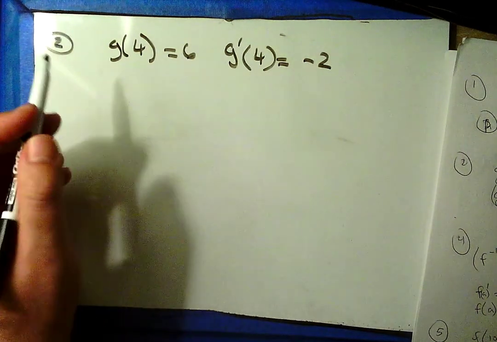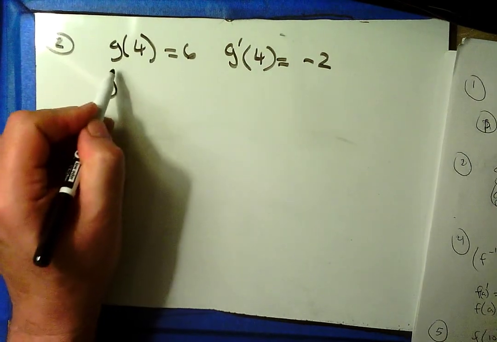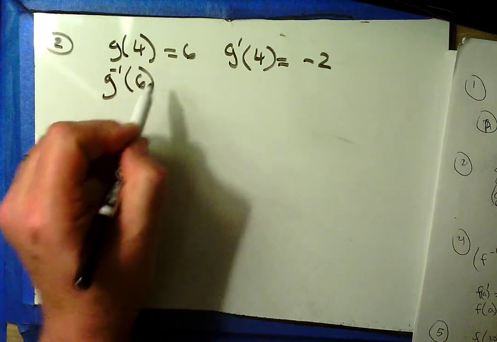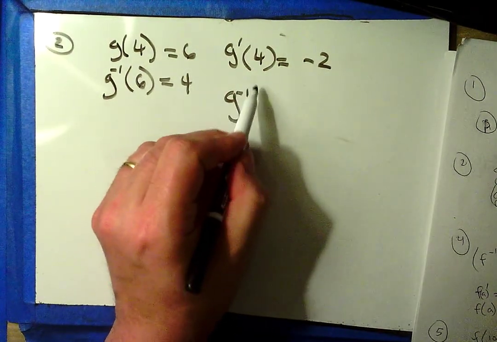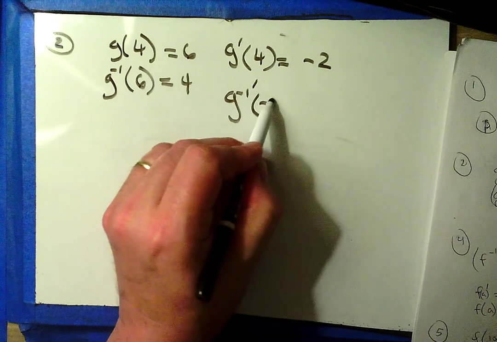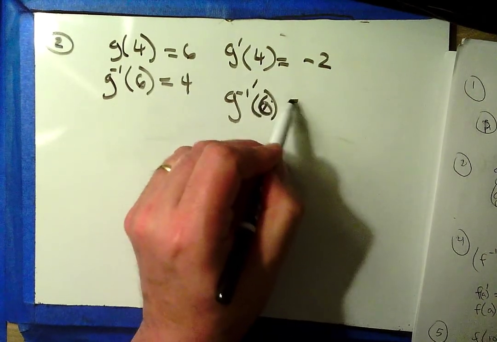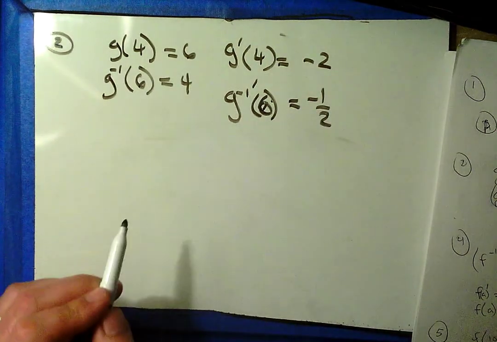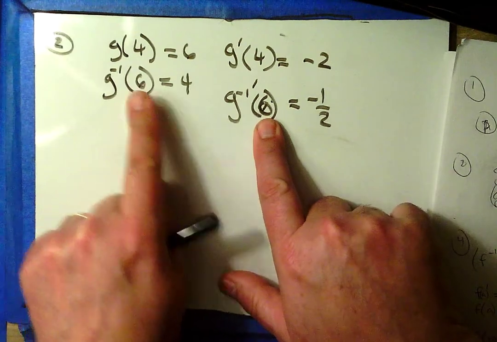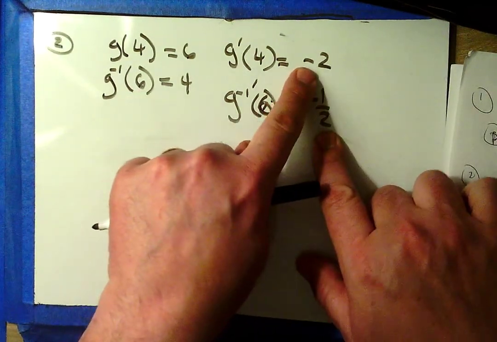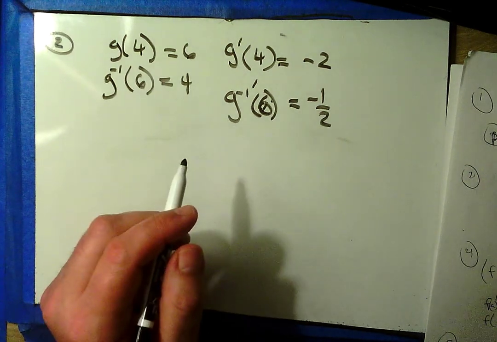All right, well, let's think about the inverse. g inverse of 6 must be 4, and g inverse prime of 6 must be negative 1/2. So at the inverse point, the slope is the reciprocal of the slope at the original point on the original function.